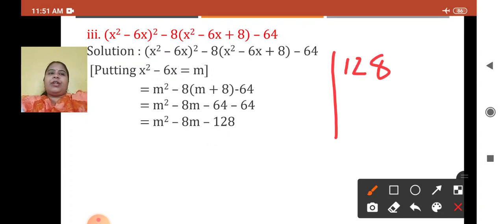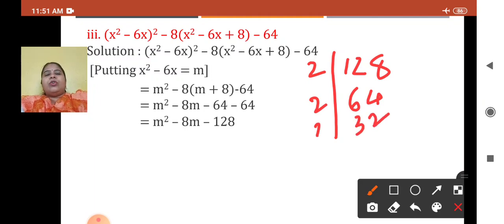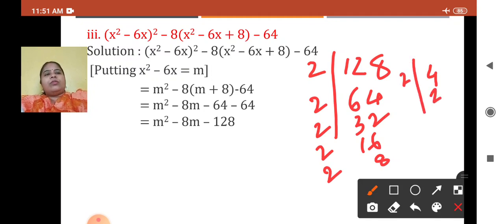Now I'll show you the factorization here. See, 2 6s are 12, 2 4s are 8, then 2 3s, 2 2s, 16, 2 8s, I'll continue here, 4 and 2 2s, 1. So what are the factors? 2, 2, 2, 2, 2, 2 and 2.